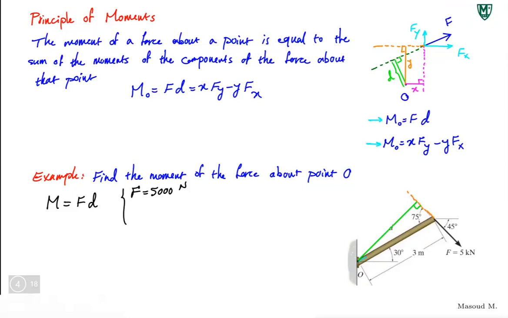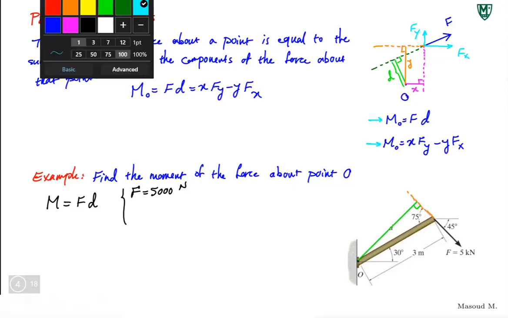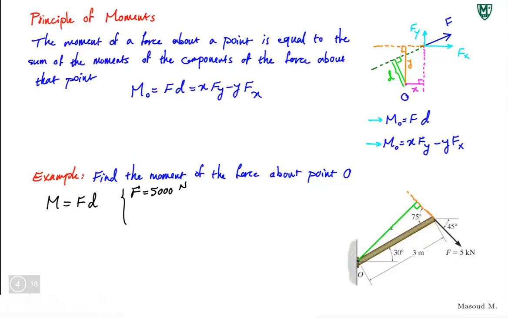So if you look at this triangle right here, this is 75, this is 90. If you want, you can even find this one. This is 3 meters.